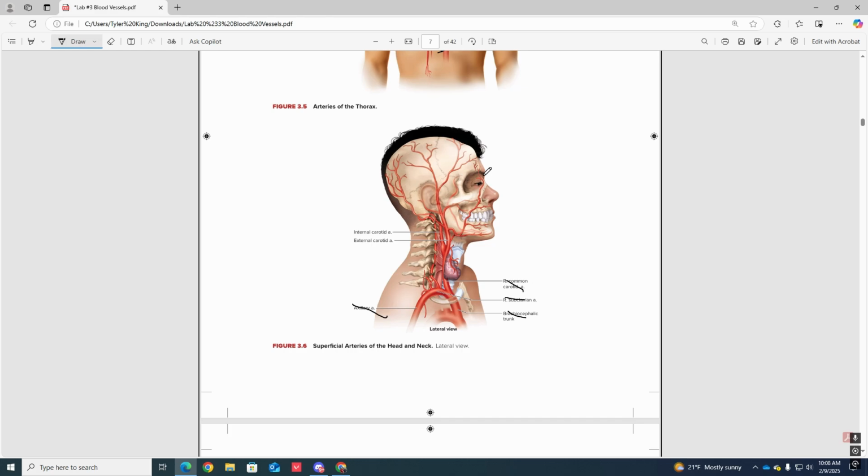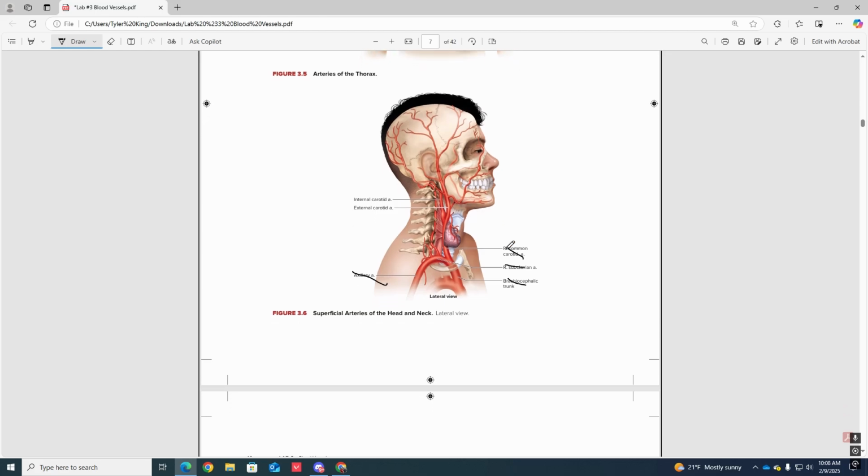Compared to that, the external carotid artery is not as faded out, because it supplies the arteries of the face, scalp, and neck. So the internal goes up to the brain; external, face, scalp, and neck.